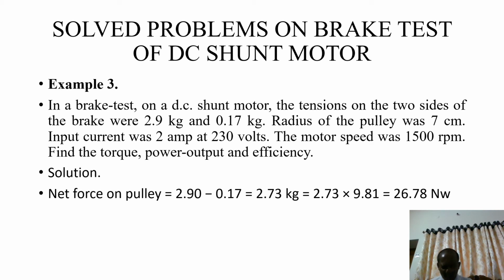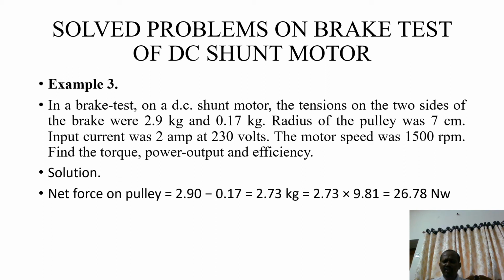Next, example one. All of you note this, the brake test values when we are conducting. Listen to the problem. In a brake test on a DC shunt motor, the tensions on the two sides of the brake were 2.9 kg and 0.17 kg.